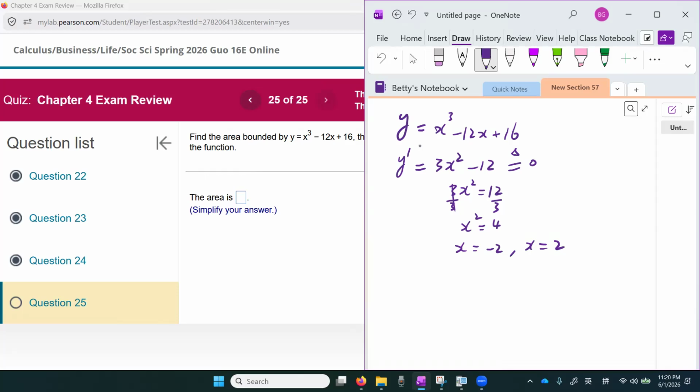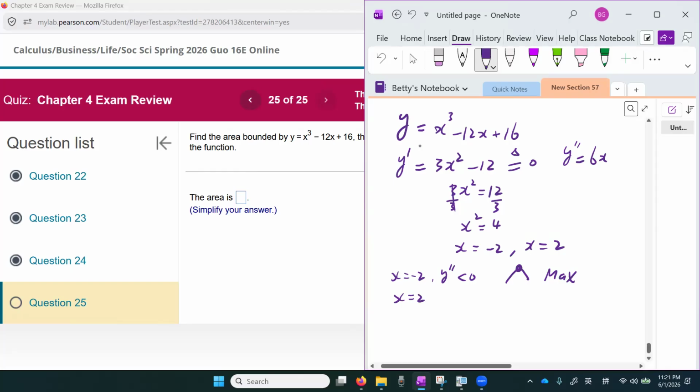I'm going to use the second derivative test. The second derivative is 6x. When x equals -2, the second derivative is less than 0, so it's concave down, so there's a maximum.